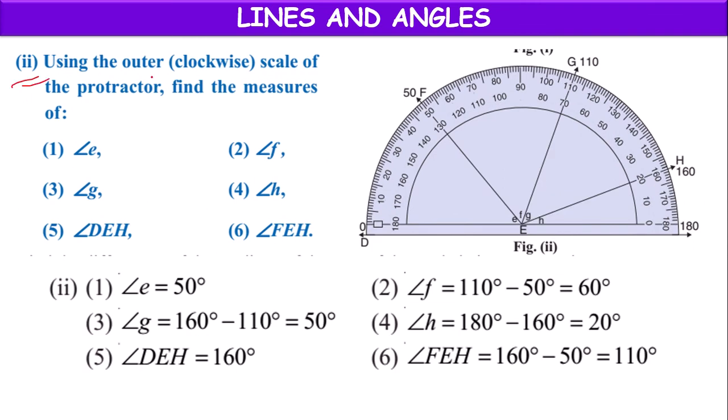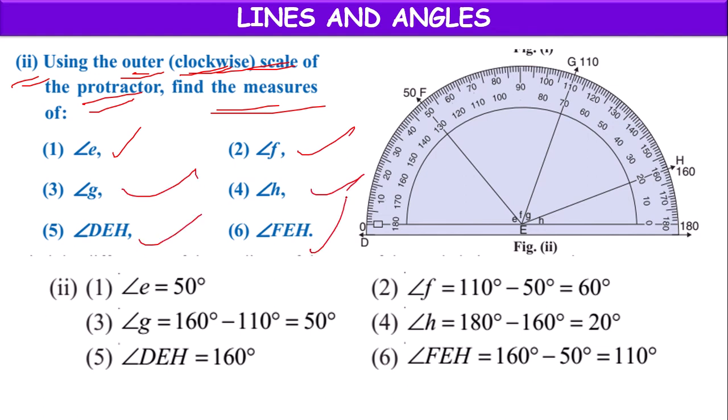Next, using the outer scale or clockwise scale of the protractor, find the measures E, F, G, H, DH, FEH. Angle E, how much? Using the outer scale, it is showing 50 and the other arm showing 0.